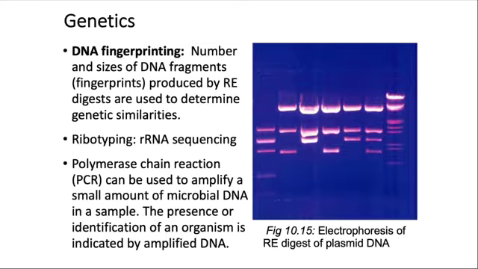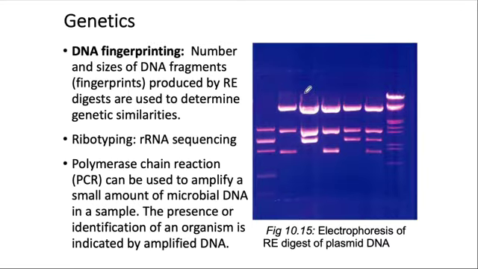Then there's the genetics aspect of it. You have DNA fingerprinting, where the number and sizes of the DNA fragments that are produced by restriction enzymes are used to determine the similarities or differences. So it's run on an electrophoresis gel, and once you run it on a gel, you can tell based on the sizes and the positions of the fragments whether two samples have the same DNA composition or not.